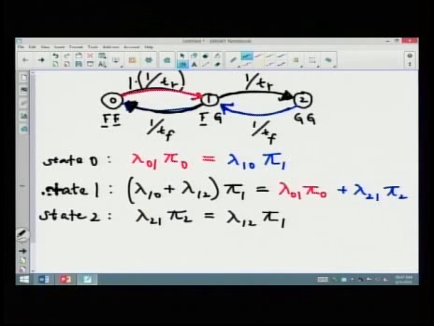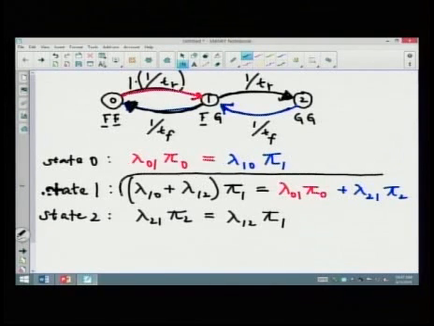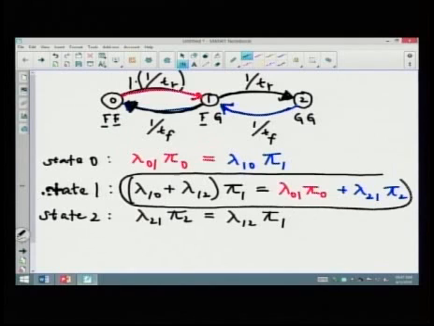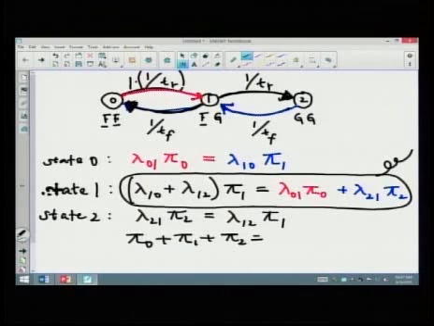Since this system of linear equations is linearly dependent, we need to arbitrarily choose one. So I'm going to choose the second one and delete it. But we have one more constraint: pi 0 plus pi 1 plus pi 2 equals 1.